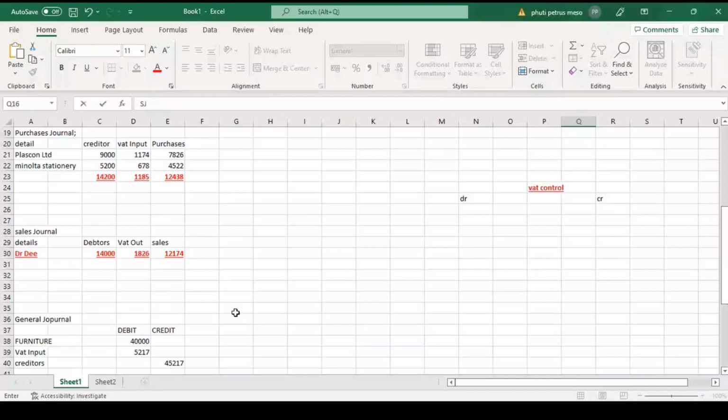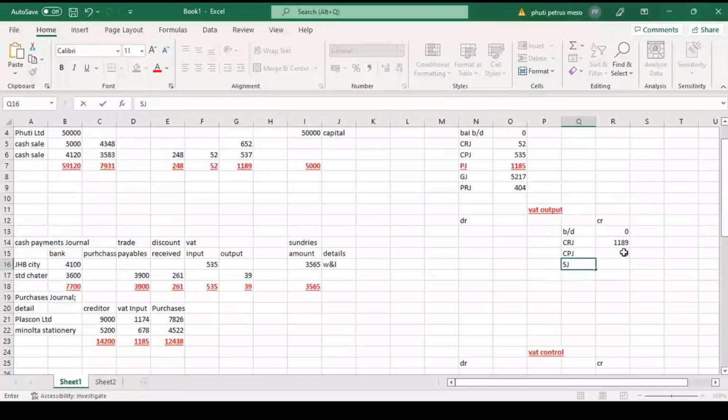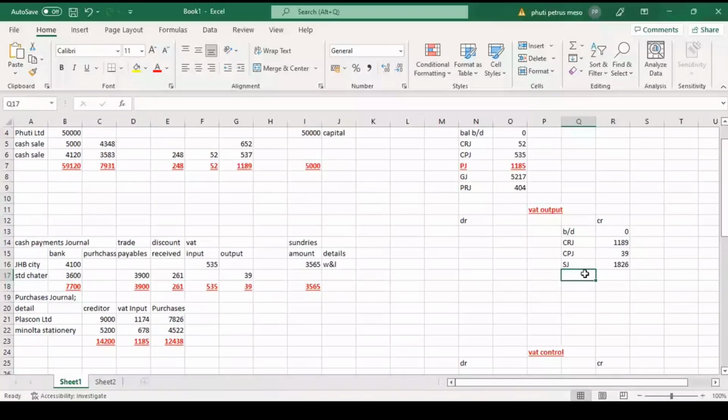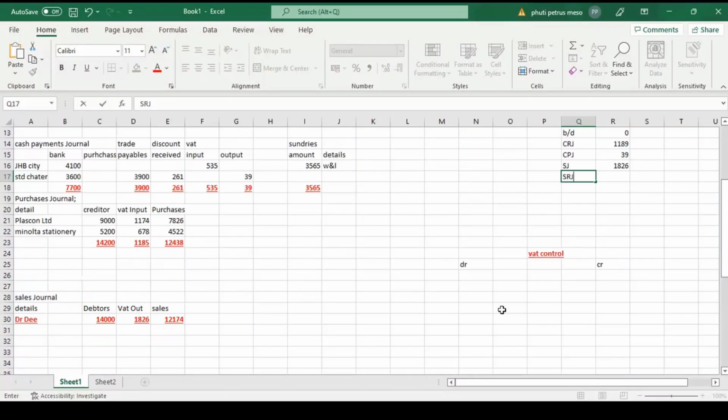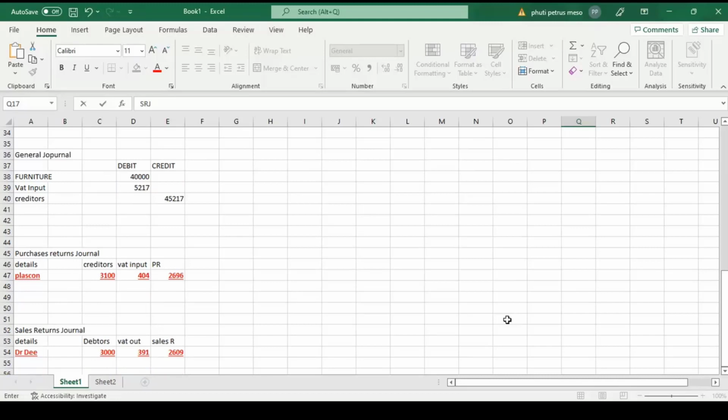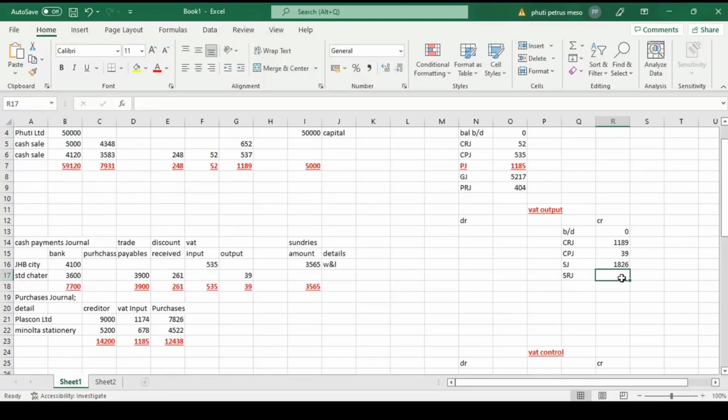SJ for 1826. And we have, let's see, something here. SRJ, 391.